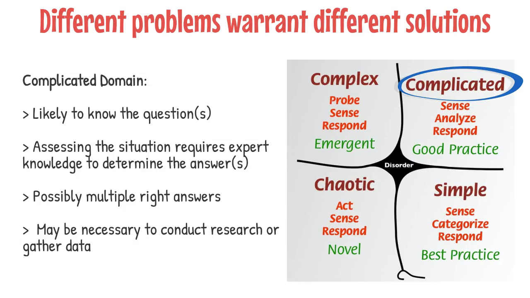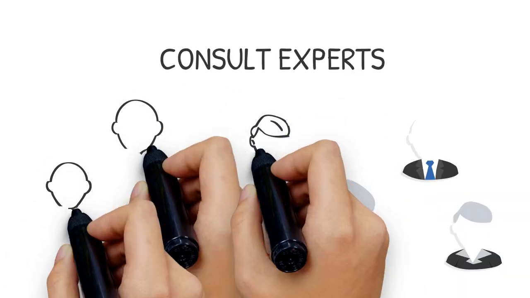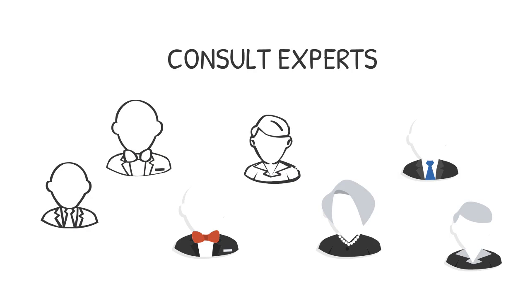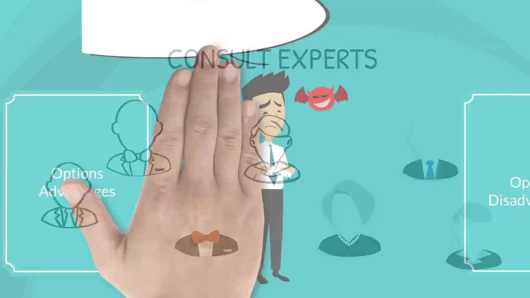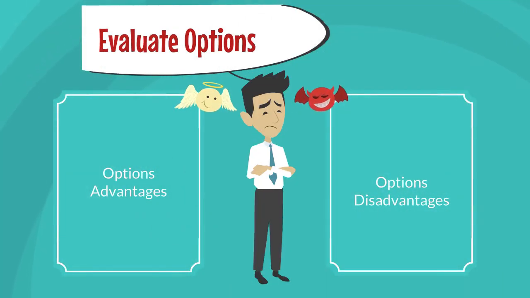In the complicated domain, there are multiple possible ways to approach the problem, and there may be multiple right answers. Experts can provide guidance and advice, and it may be necessary to conduct research and gather data to fully understand the problem and choose an option to proceed.